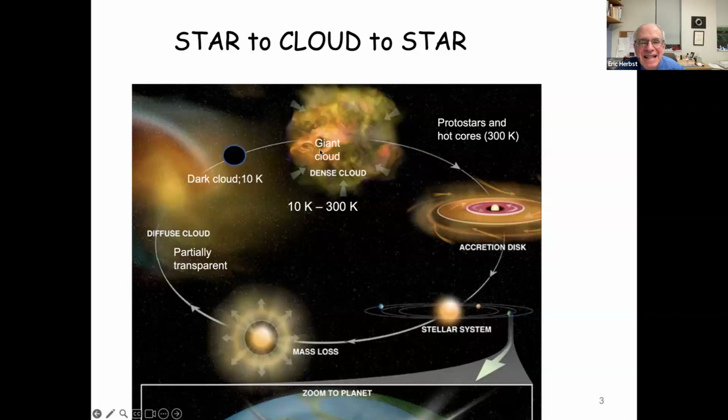What is next seen here is what I've shown as a giant cloud. This dark cloud is one single cloud. The giant cloud is very, very large and is divided up into lots of regions, and lots of small clouds and stars are being formed. So we won't really worry about that one versus the single cloud.